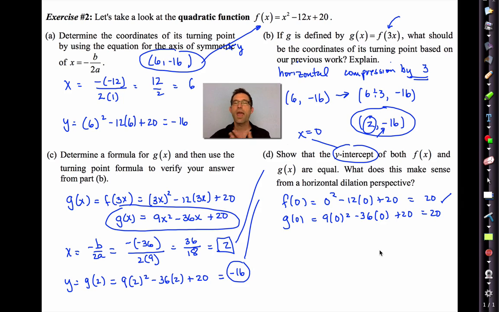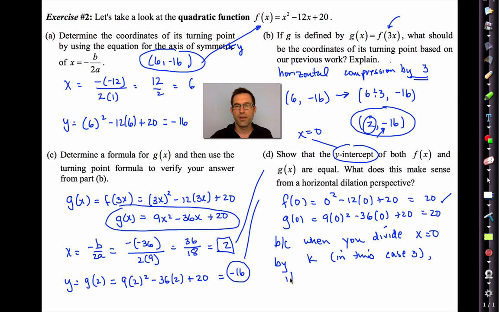All right. And it makes sense because when you divide x equals 0 by k, in this case 3, it's still x equals 0.